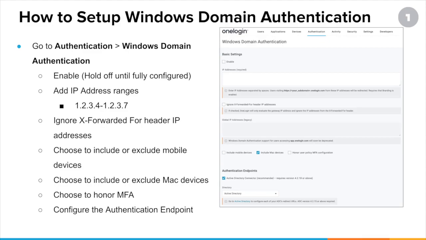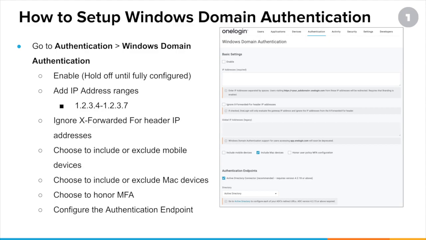So it'd be a combination of things. You'd have to have the checkbox checked here, honor user policy MFA configuration, and there'd have to be a user policy that applies to your users that requires MFA. Then your users will be prompted for MFA. We'll take another look at this later on in this course.